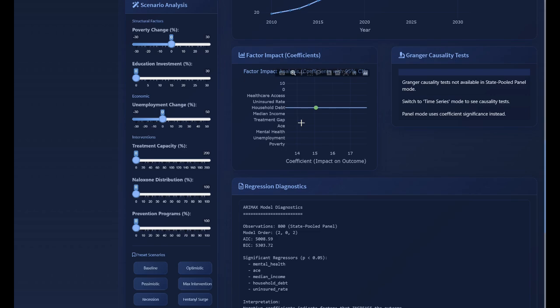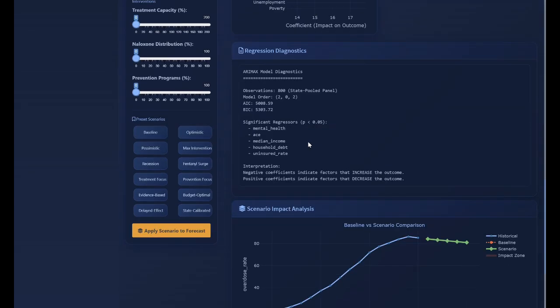And household debt is an indicator for chronic stress exposure, financial despair, and the studies validate that substance use is a coping mechanism associated with a high degree of household debt.